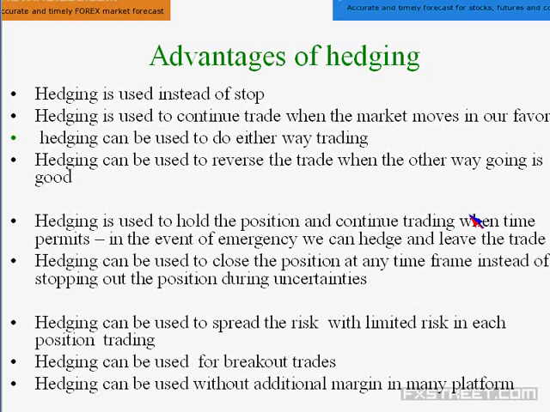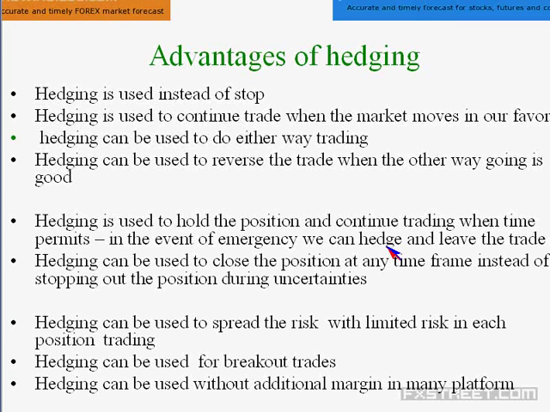So you will not have an indefinite loss similar to holding a position without a stop or the hedging order. Hedging can be used to close the position at any time frame instead of stopping out the position during uncertainty. That's what I explained.